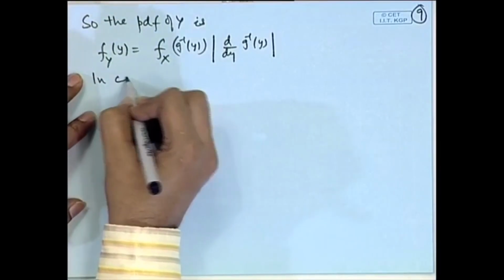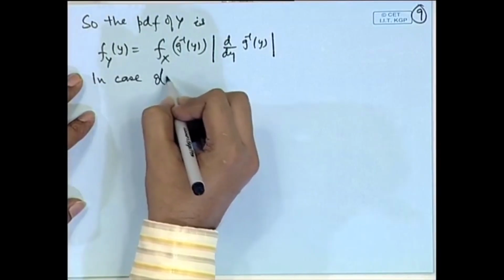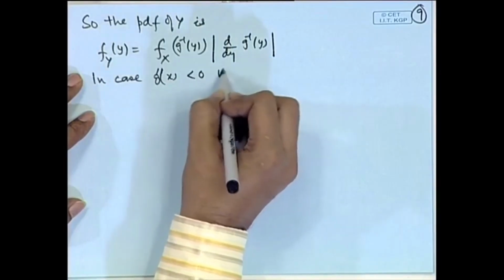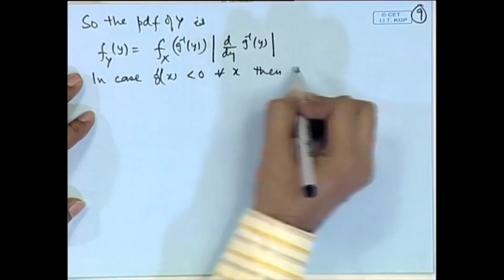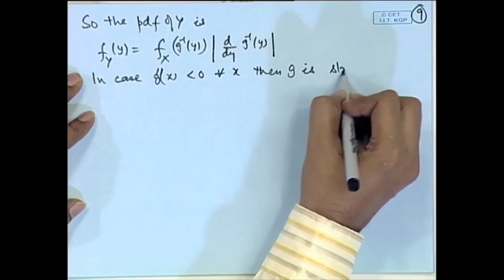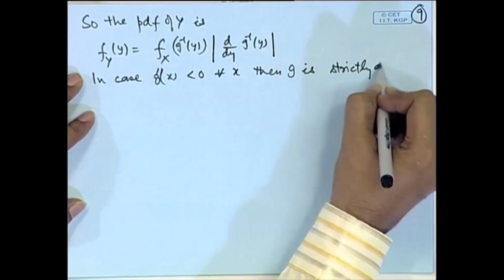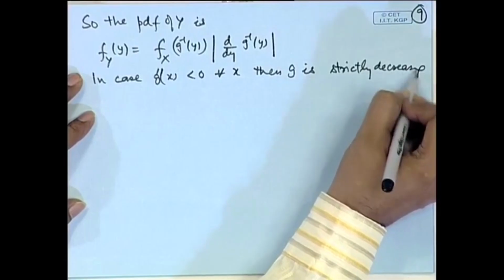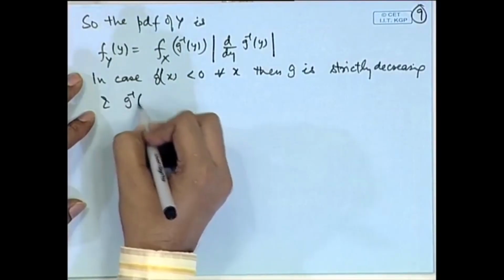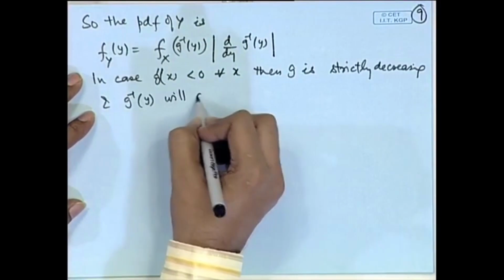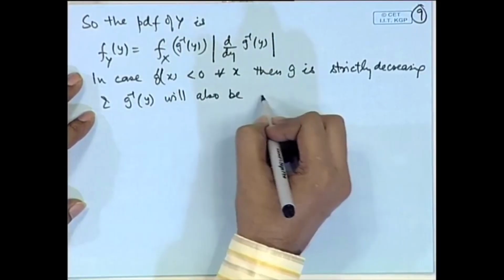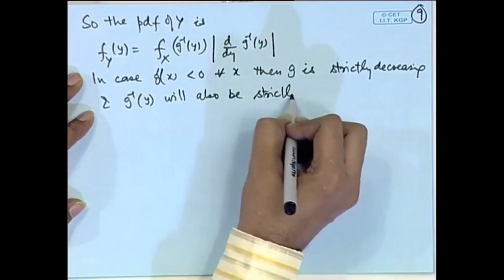Now, in case g'(x) is strictly negative, then g is strictly decreasing and g inverse(y) will also be a strictly decreasing function.